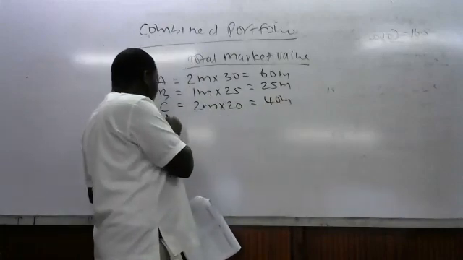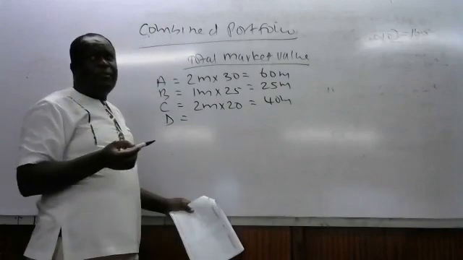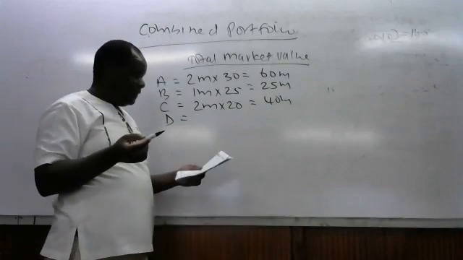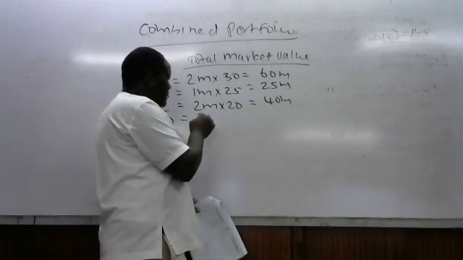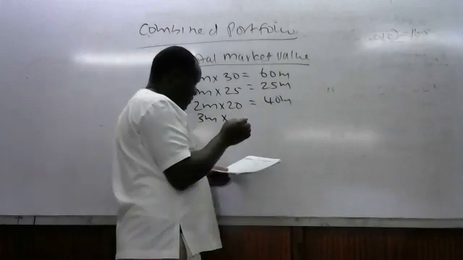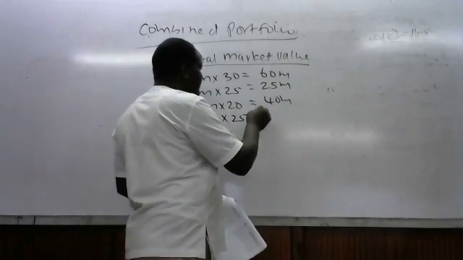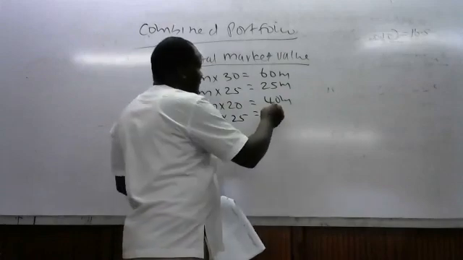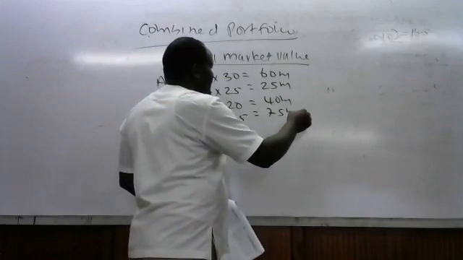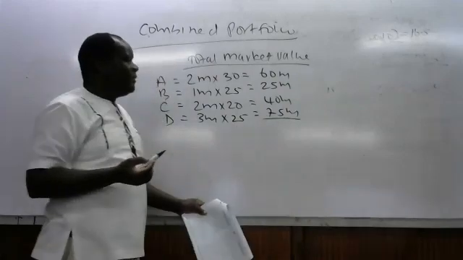Then we do the same for D. So D has how many shares? Multiplied by 25, which should give us our total. This is 75. So when we add, what are we getting for that?